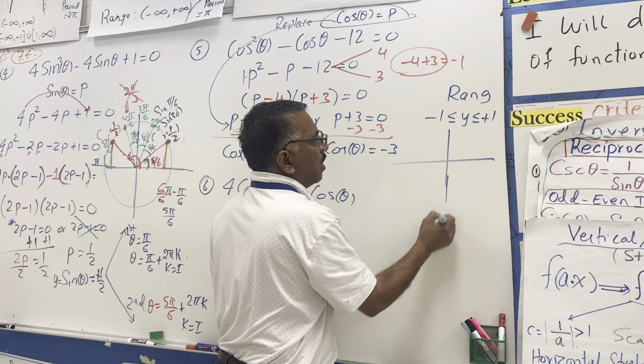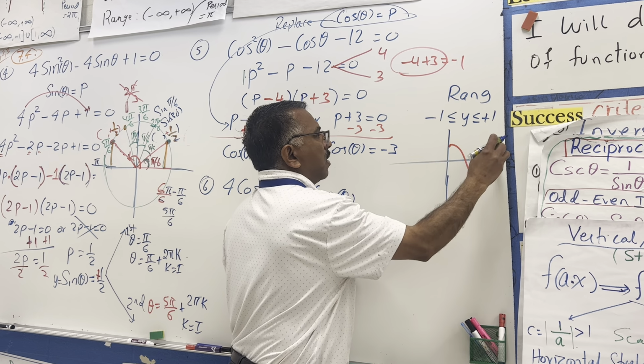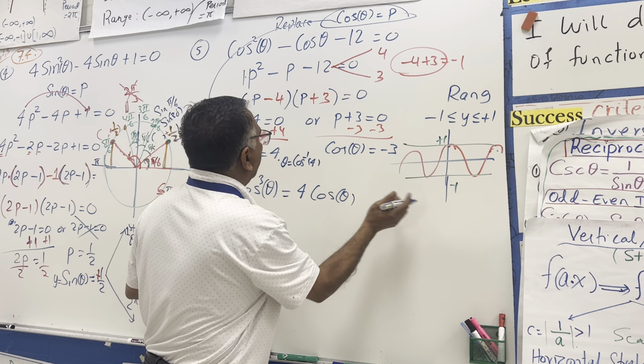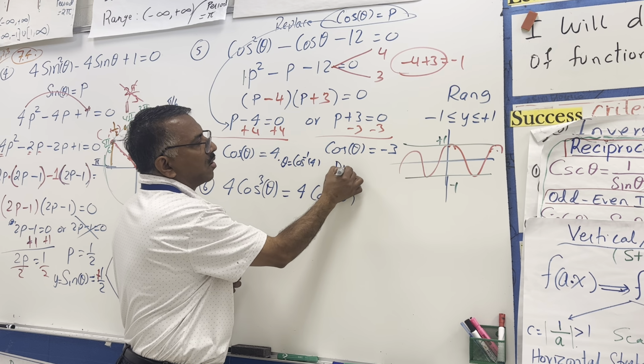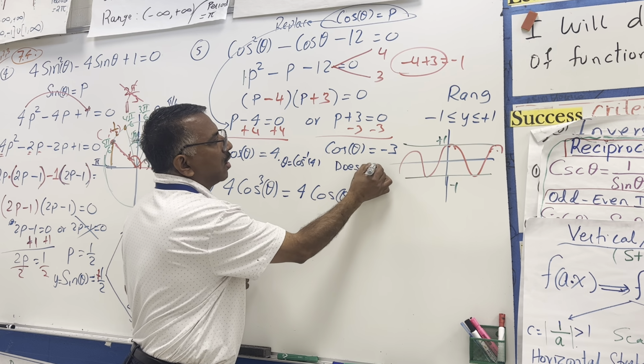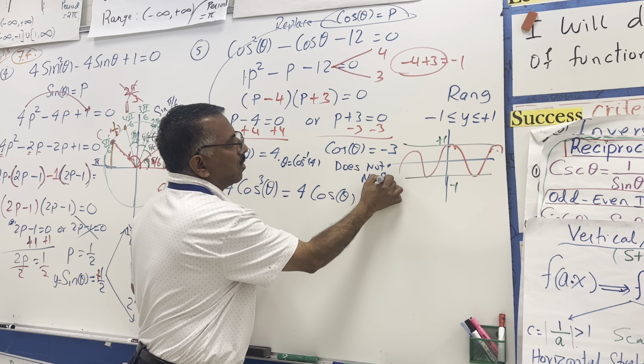If you remember the graph, cosine goes this way, so the range is always between -1 and +1. So you cannot have cosine values more than 1 or less than -1. This number is greater than 1, and this number is -3. So we say it does not exist. There is no solution, or you can say no solution.